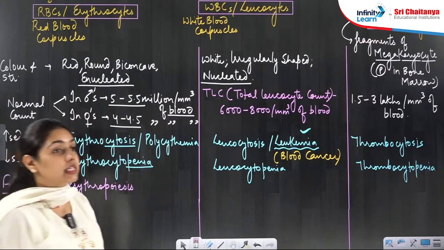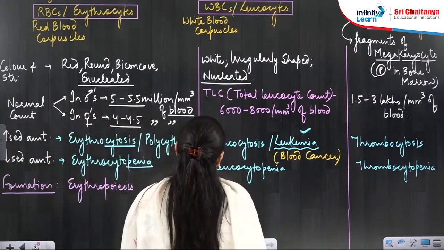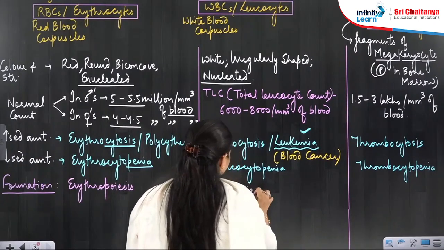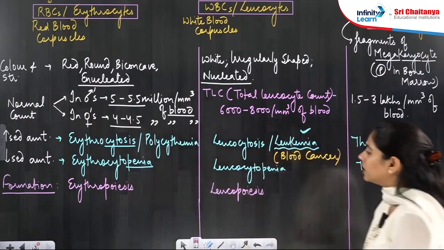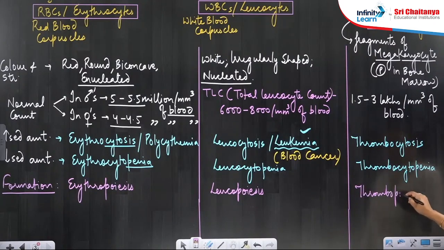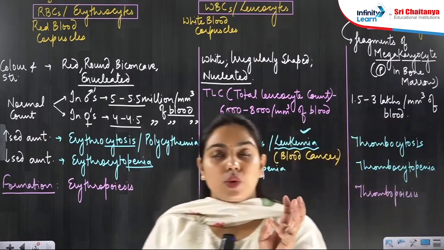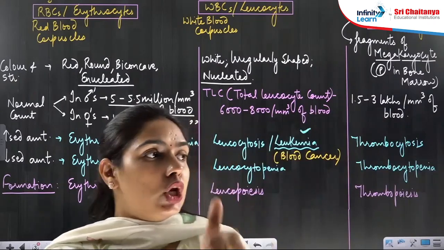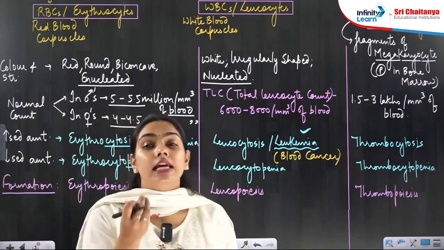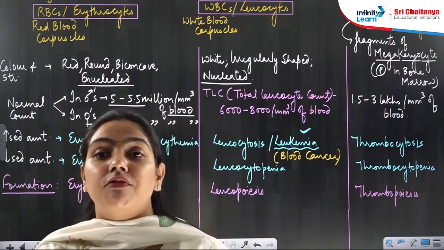Formation of WBC, beta, is known as leukopoiesis. Very easy and important to learn. Thrombopoiesis. All these are collectively called hemopoiesis, the formation of blood cells.